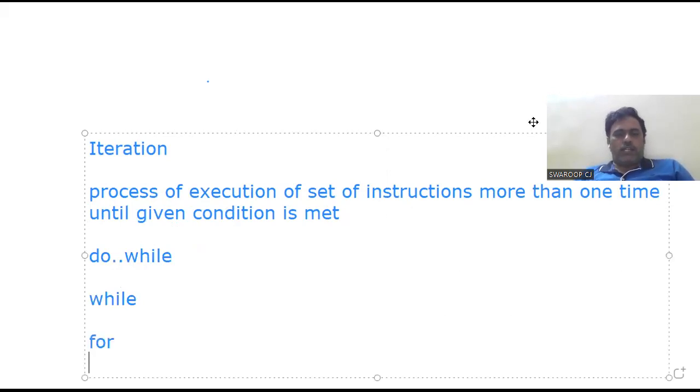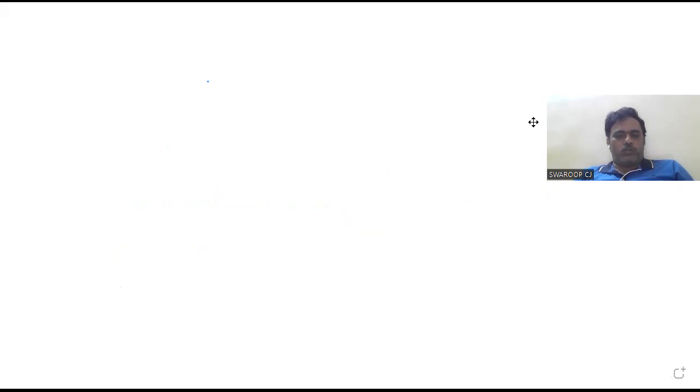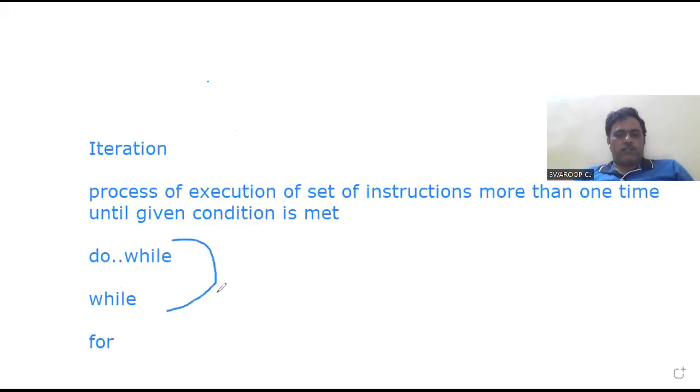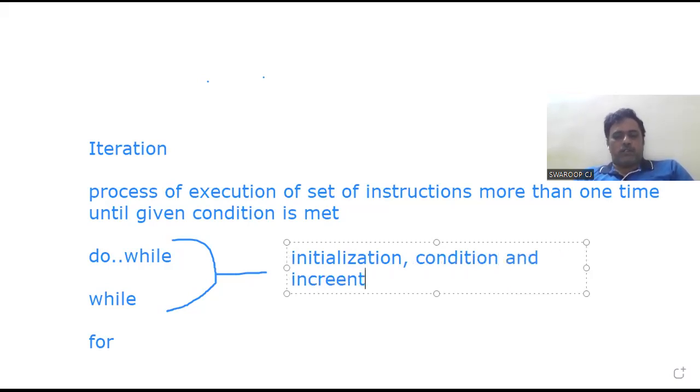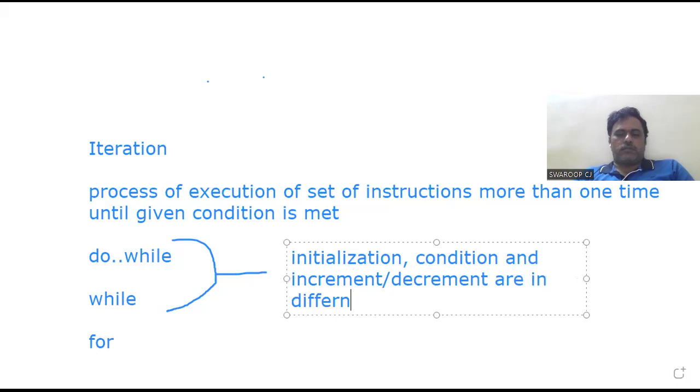In do while and while, in both the cases, initialization, condition, and increment or decrement are in different lines.